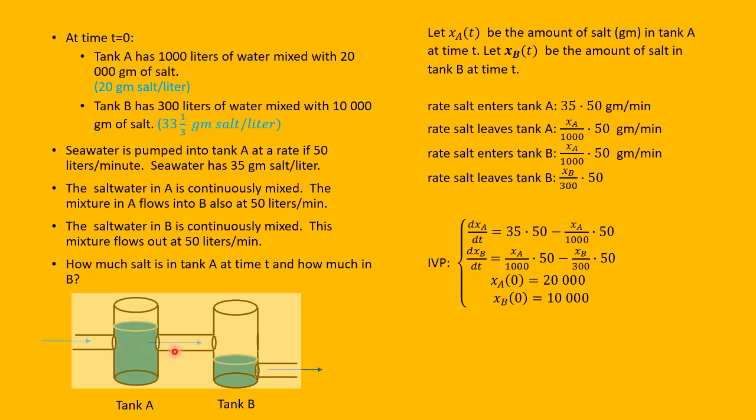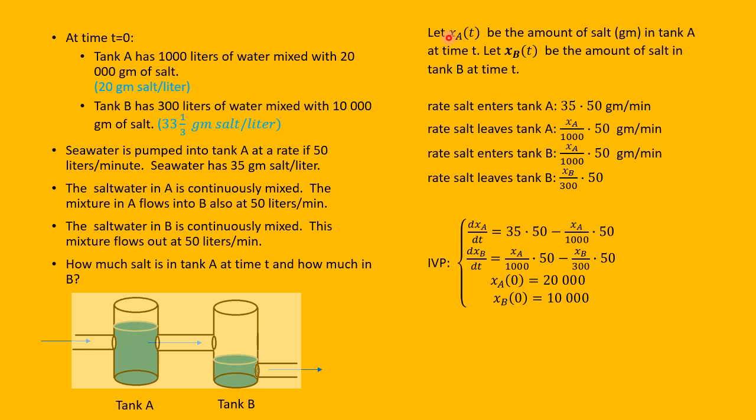The flow out here is 50 liters per minute, and the flow out here is 50 liters per minute. So the volumes of water in these two tanks don't change as time goes on. So then we ask how much salt is in tank A at time t and how much is in tank B.